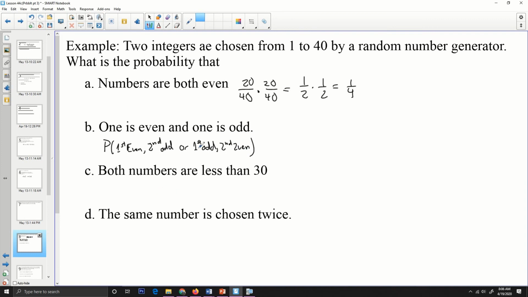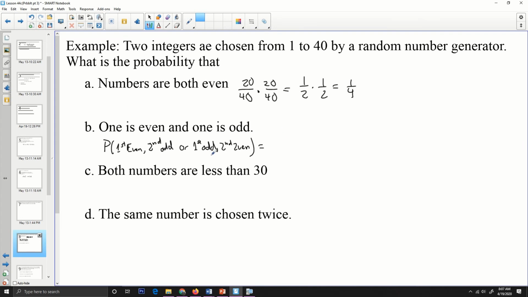And it's that part, this or part, that most people miss. So what is it? Since it's an or statement, these are two mutually exclusive events. So we're going to end up calculating each of them and adding them.